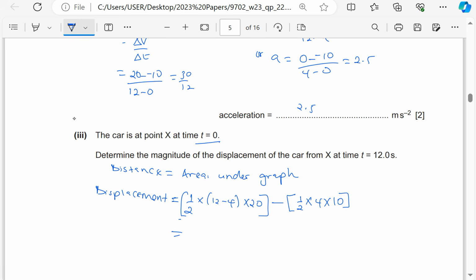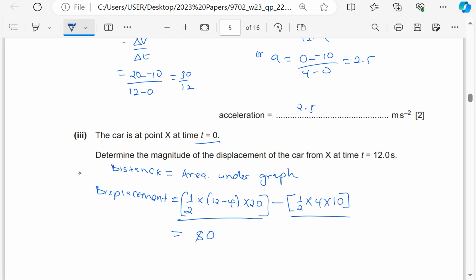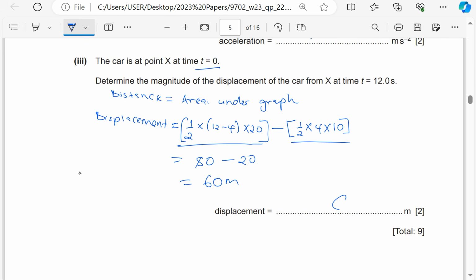So this is distance in one direction, this is distance in the opposite direction. That's why we subtract. From my calculator, we have 0.5 times 8 times 20, so that is 80. 80 minus 20 is going to be 60 meters. So the answer here is going to be 60.